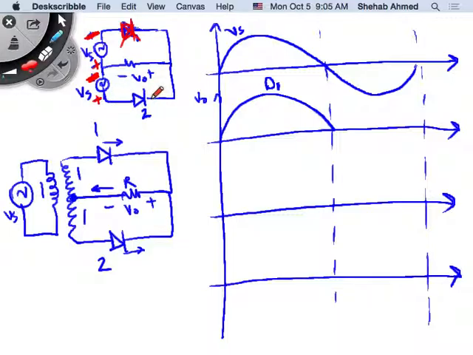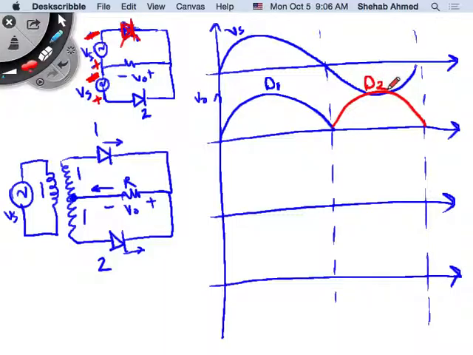If this diode conducts, I'm basically taking my Vs as well, but after I flipped its polarity, I'm placing it across V output. Right? So I'm placing my source across my V output, but I flipped its polarity. Right? The polarity of the source has flipped here. And the diode that's conducting in this case is diode D2.